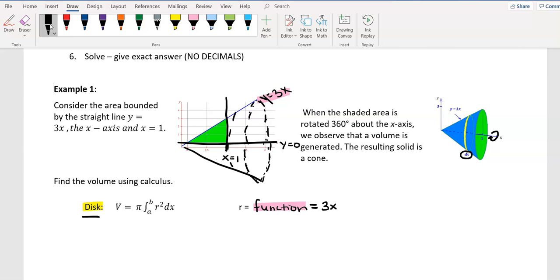We have our graph. We have our slice. So we now need to determine our boundaries. So our boundaries are sometimes given to us, and sometimes we need to find intersections. This graph is intersecting here. So the line y equals 3x is intersecting the x-axis at the x value 0.